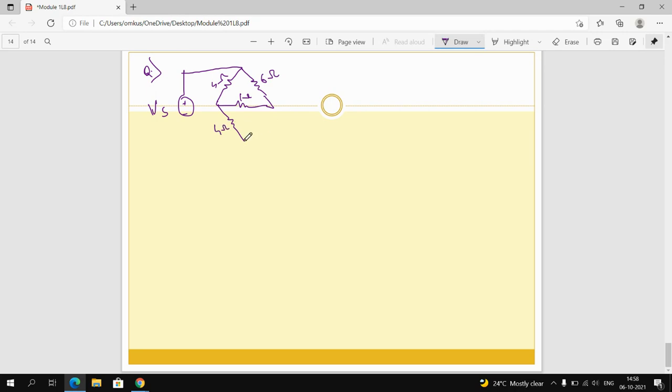I hope you can easily find that out. This is problem number 1. You need to find out the value of resistance for which maximum power Pmax is transferred to it.